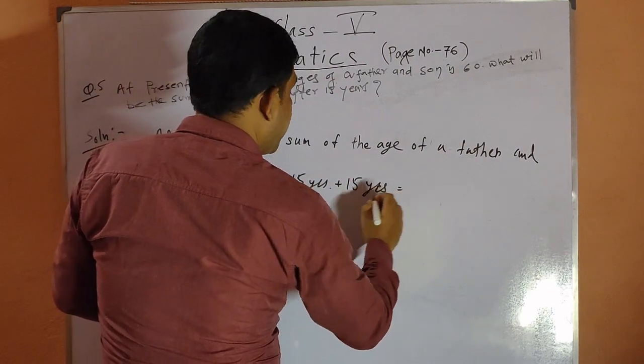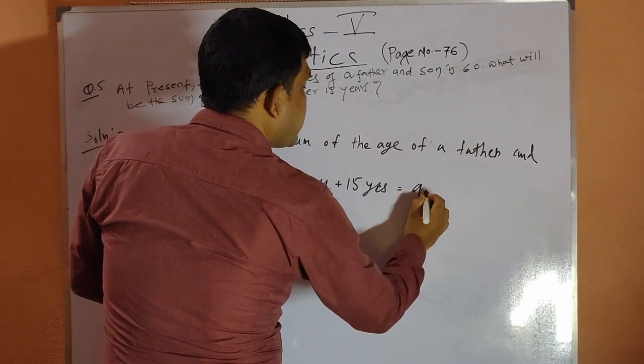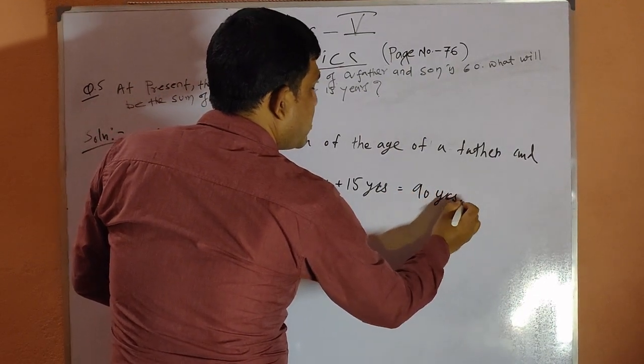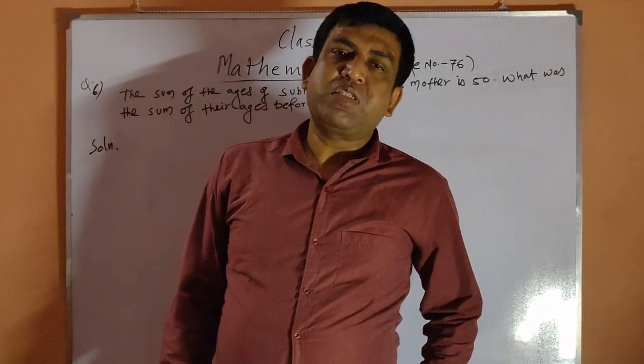That means 60 plus 15 plus 15, that means 90 years. This is the answer.